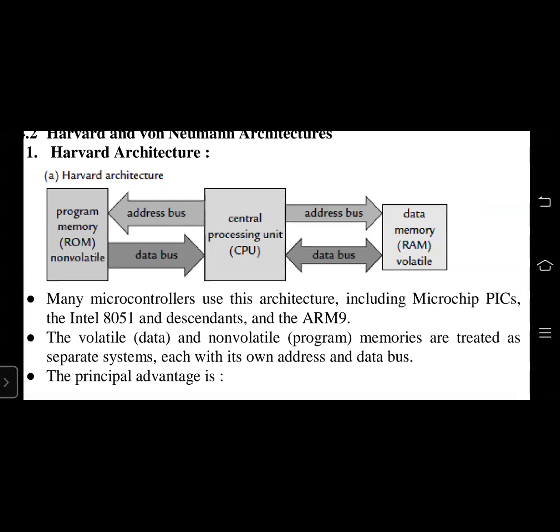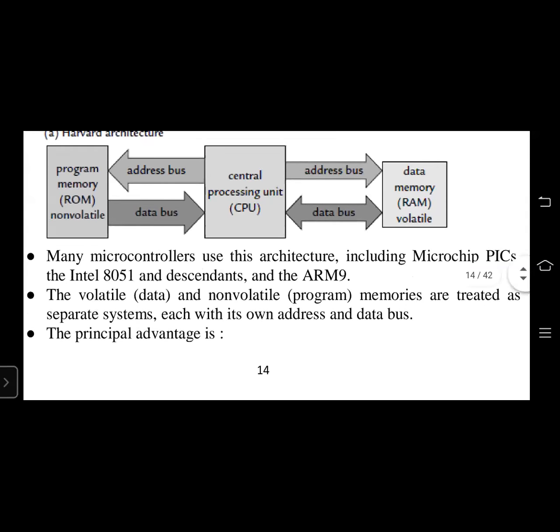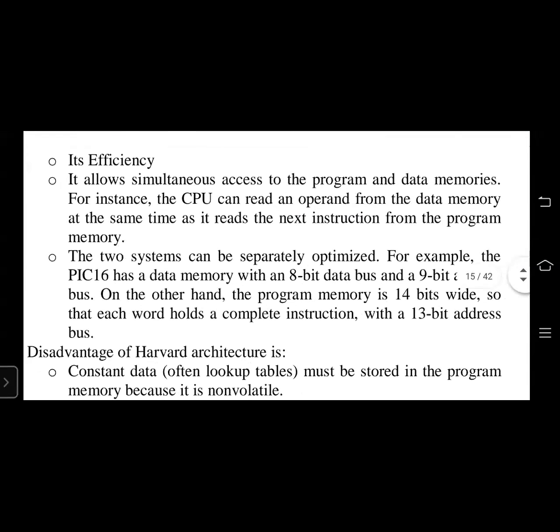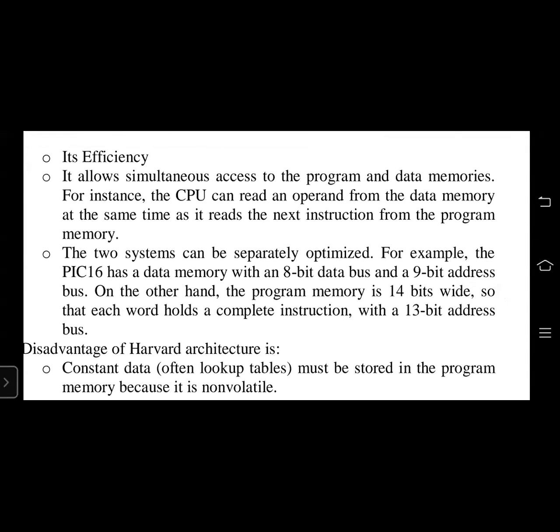So in one cycle, or at a single time point, it can fetch both at the same time. Why? Because it has separate address and data buses. So at the same time point, it can access the instruction and the data. Clear? Because the buses are separate for both memories.